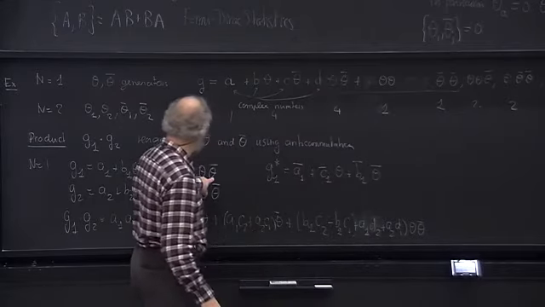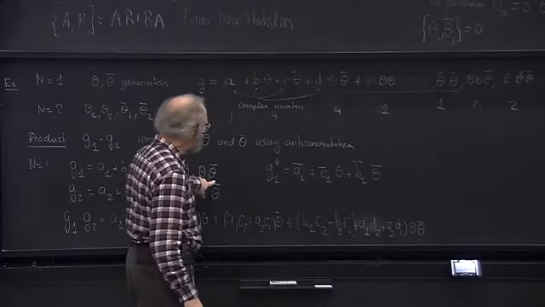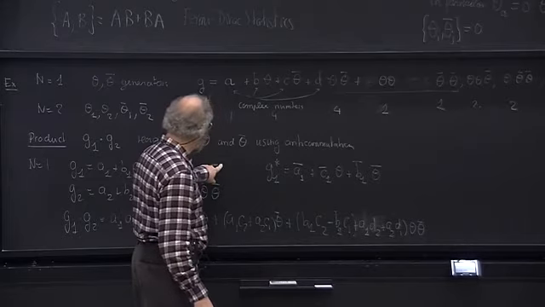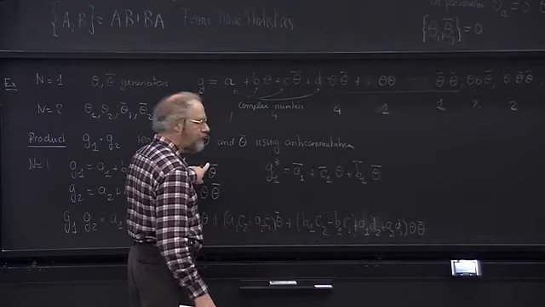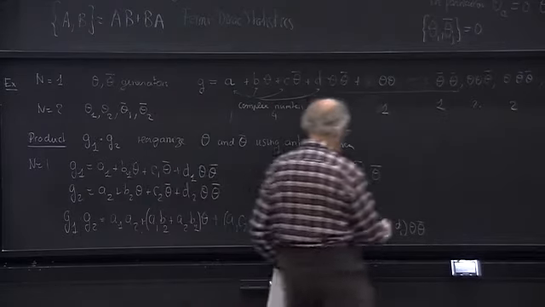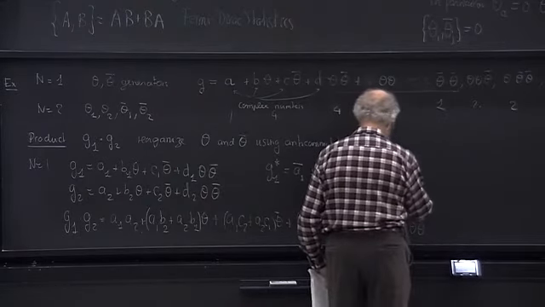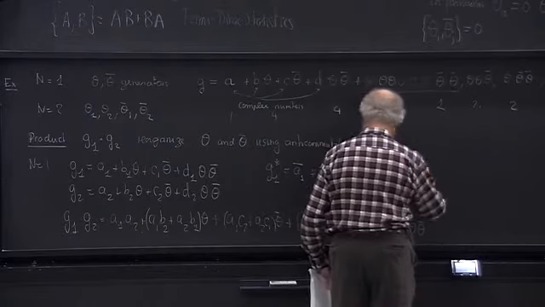And now what is the conjugate of theta bar? This is theta bar conjugate, which is theta. So this is plus D1 bar times theta bar.